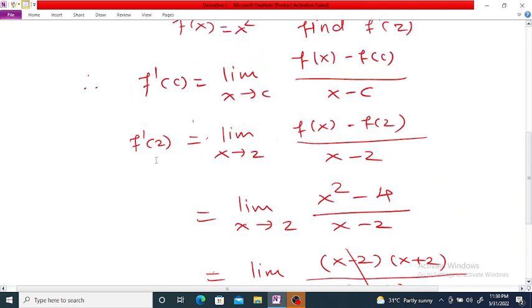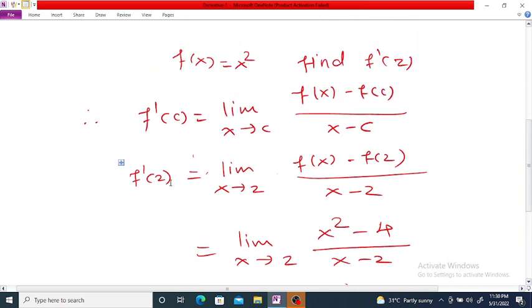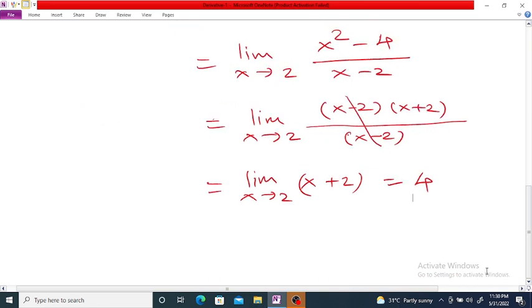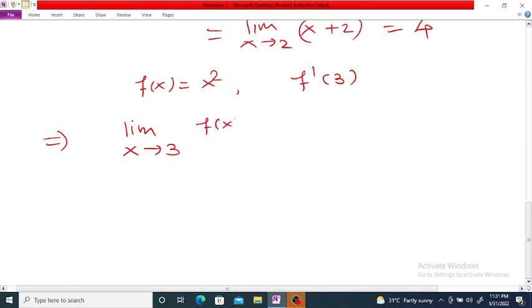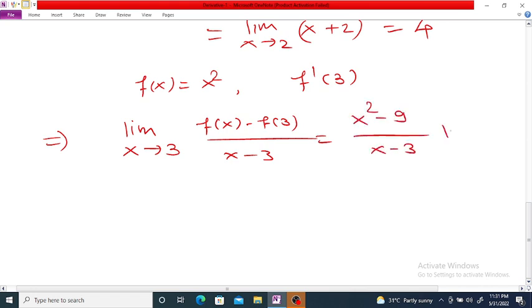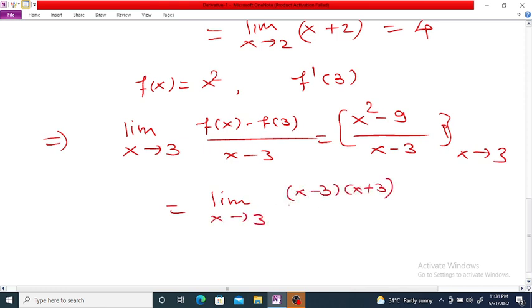So the derivative of this function f of x at x is equal to 2 is 4. Similarly, suppose f of x is again x square, and you want to determine the derivative at f dash 3. Then by using the same formula, the limit as x tends to 3 of (f of x minus f of 3) divided by (x minus 3) is equal to (x square minus 9) divided by (x minus 3), which is the limit of (x minus 3)(x plus 3) divided by (x minus 3).